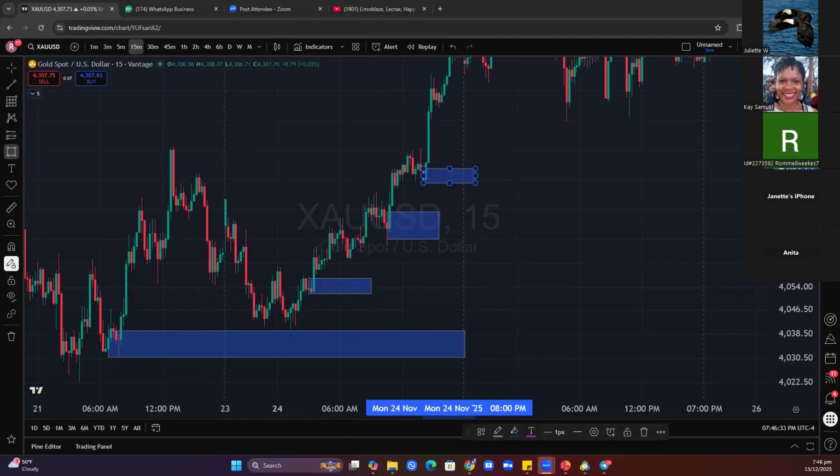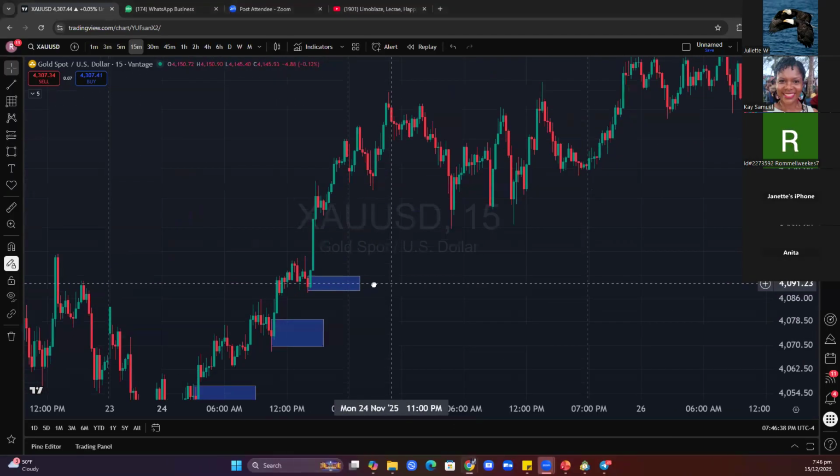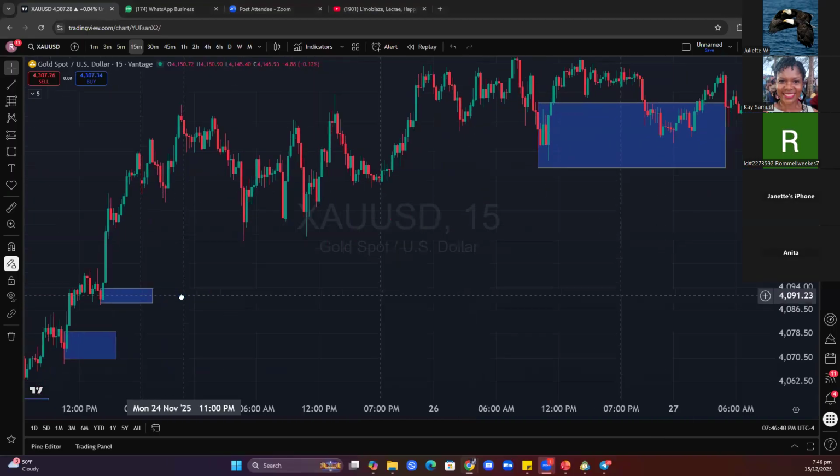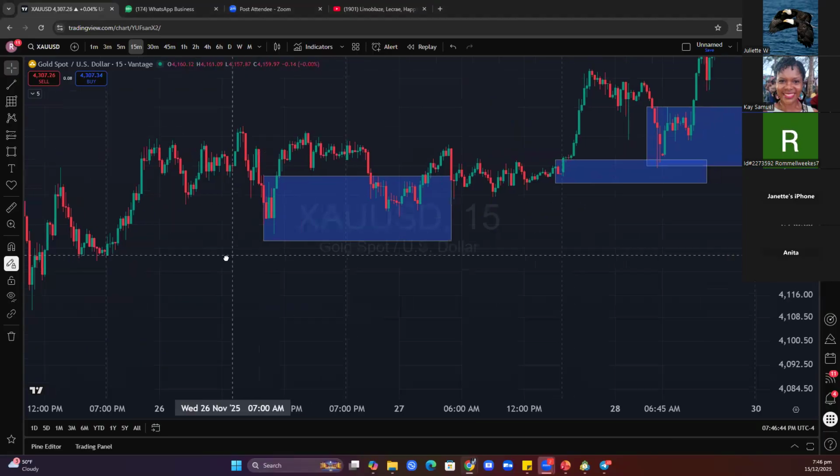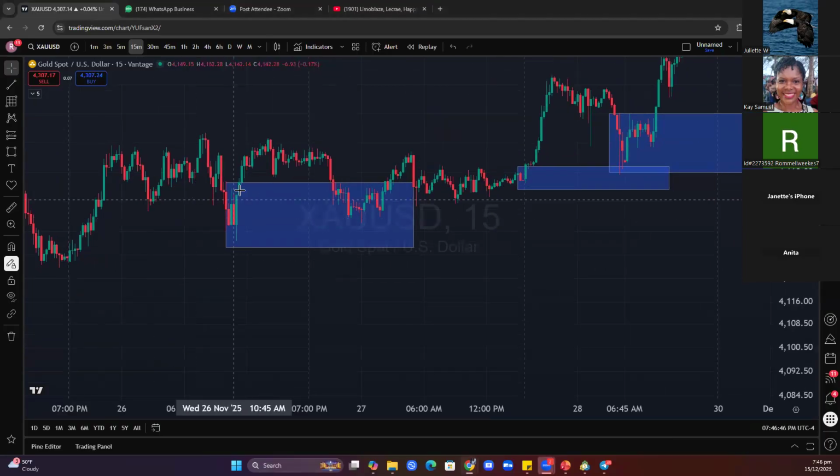You see way more happening. Even as we come across to the area here, we're going to use all the areas that we marked out before. So right here, engulfing candle.